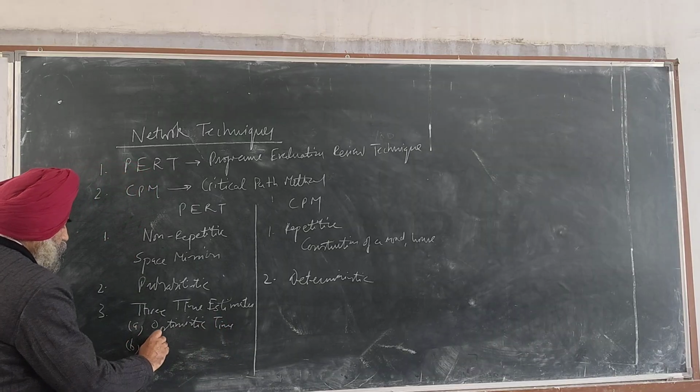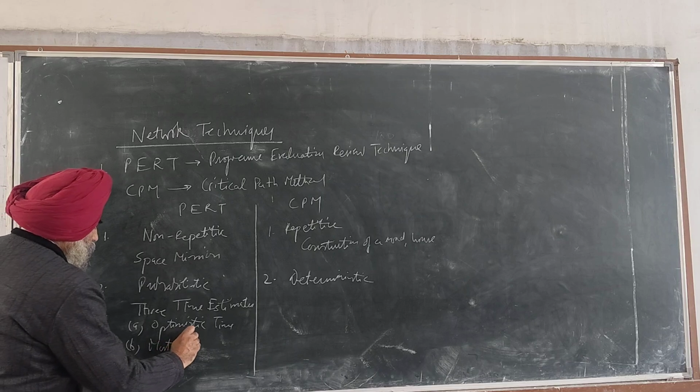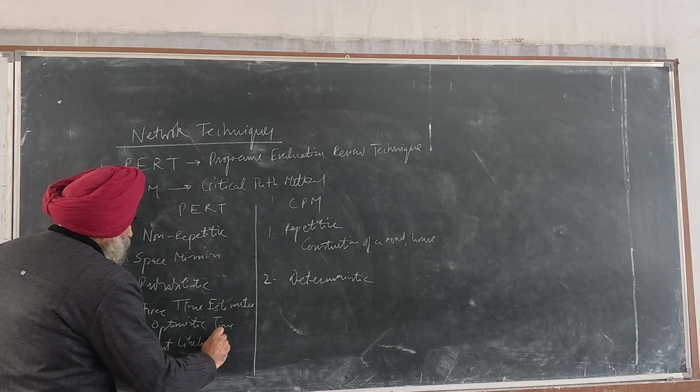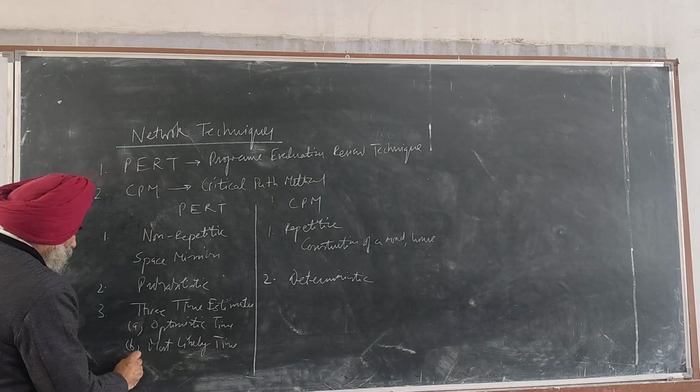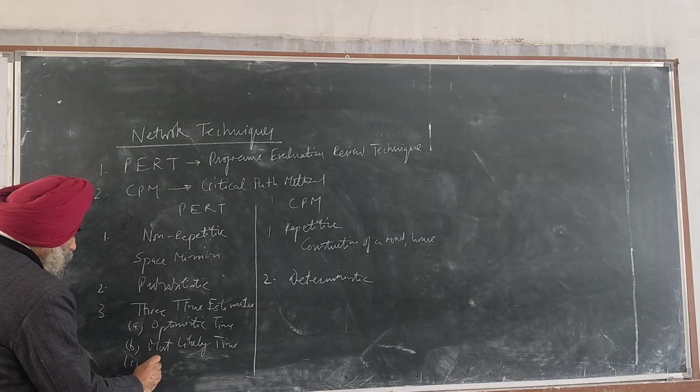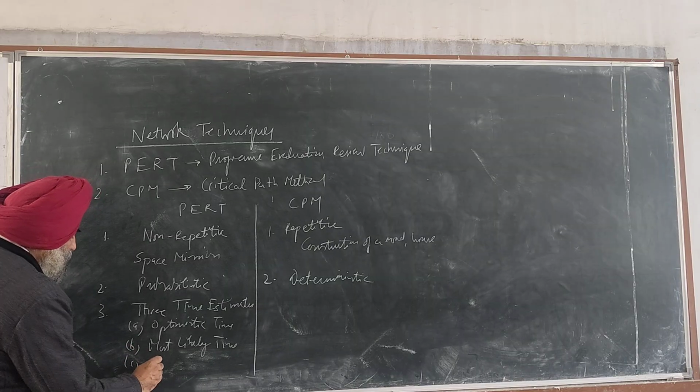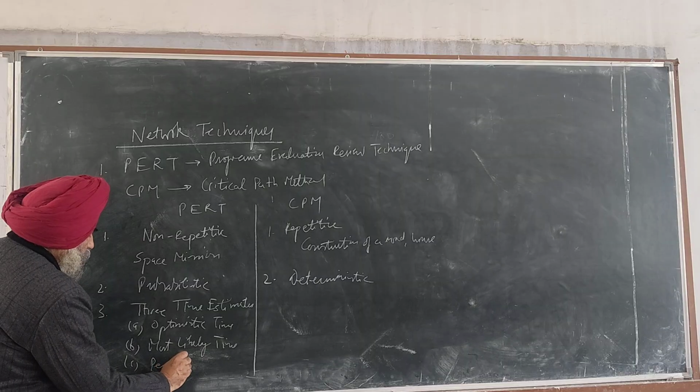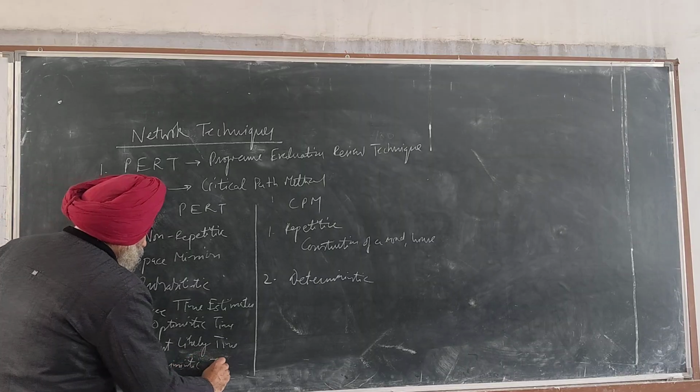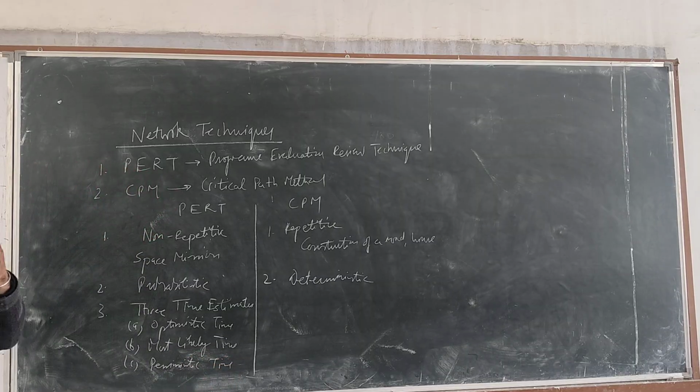Another one is the most likely time. And the third one is the pessimistic time. Clear?